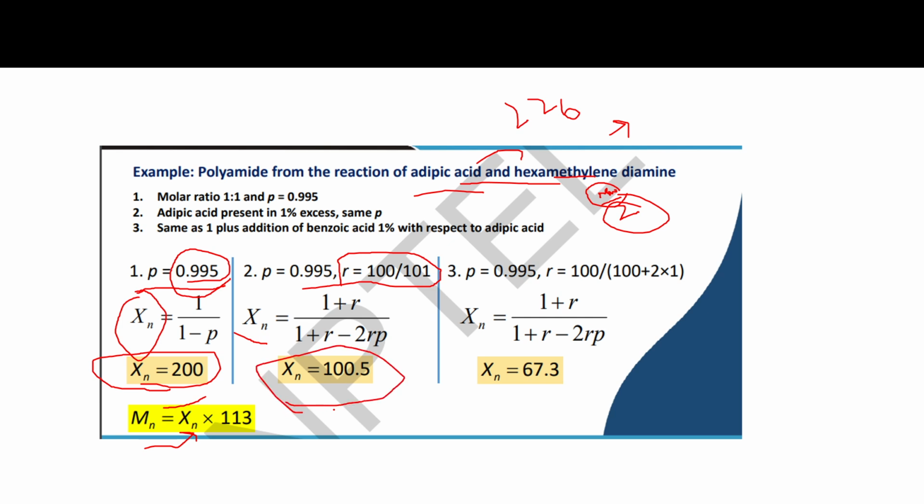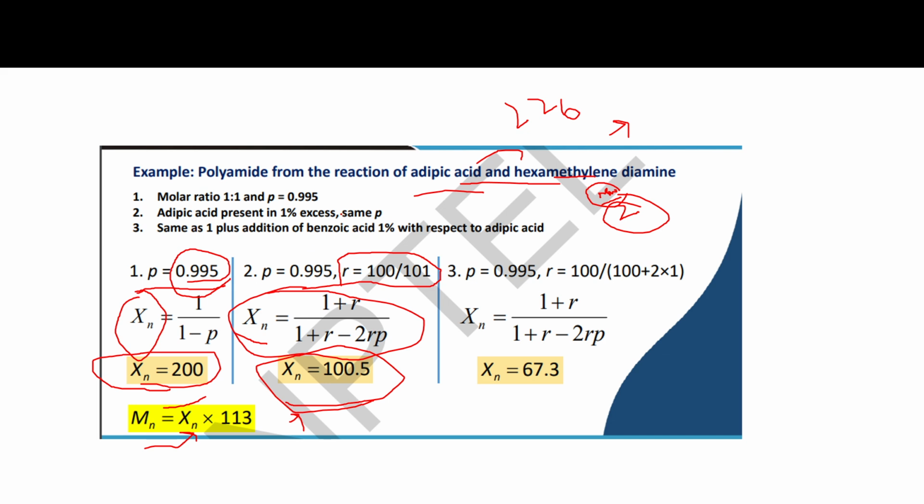Now it will be like 100, so you are losing molecular weight. You have to remember this equation for the exam: how the equation looks when the ratio is one to one, and how the molecular weight looks when there is some excess.